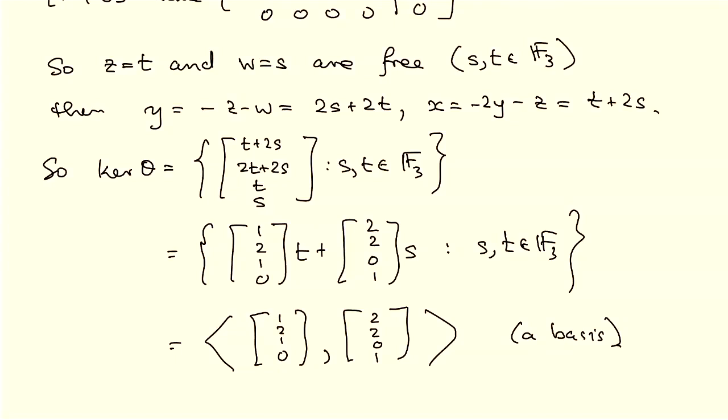These are linearly independent vectors. Why? Because they have zeros in different places. You can't make a linear combination that is 0, except by taking 0 for both coefficients. All right, super important. Find a basis for image and kernel. It's just row reduction.